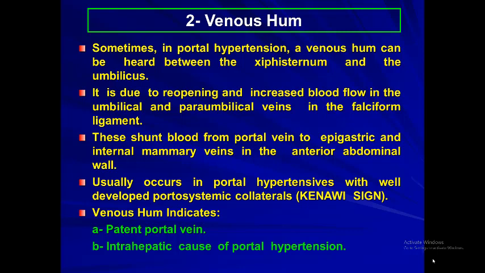It shunts blood, namely from the left branch of the portal vein that belongs to the portal circulation, to veins of the anterior abdominal wall that belong to the systemic circulation. It is one of the sites of shunt or collaterals that occur in portal hypertension to decompress the high portal pressure.